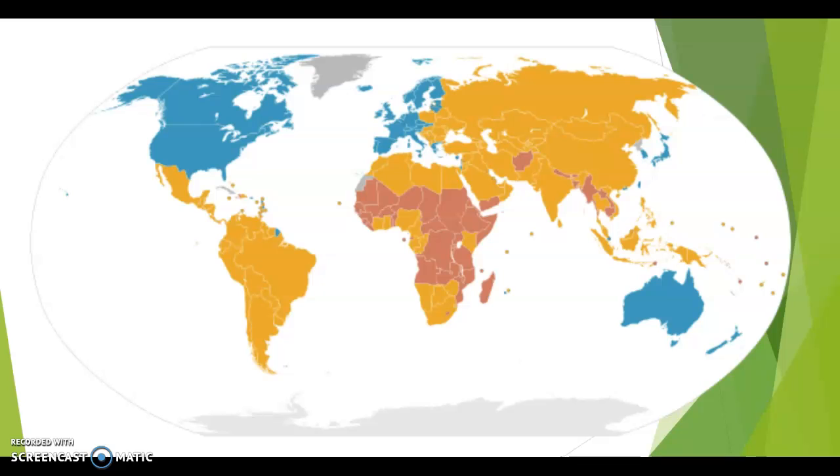So that is the more developed category. Less developed, we see the countries in red. Sub-Saharan Africa stands out as the region of the world with the most people in the less developed country category. And as you can see, most countries fall somewhere in the middle in the developing country category.